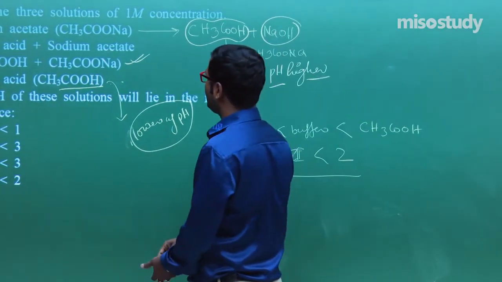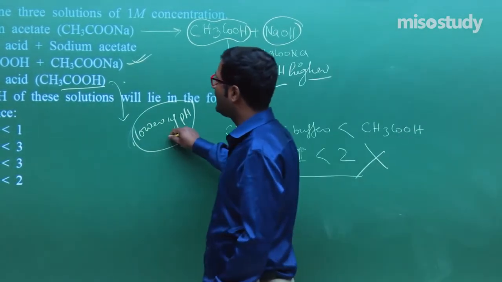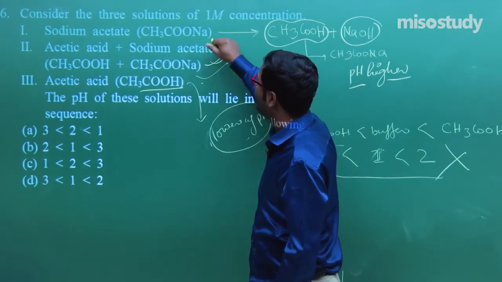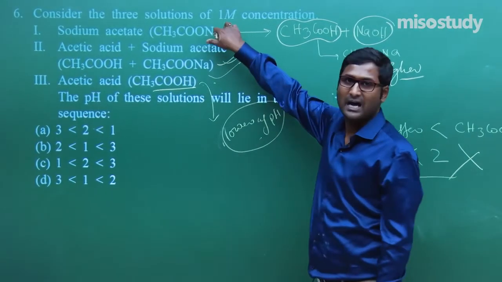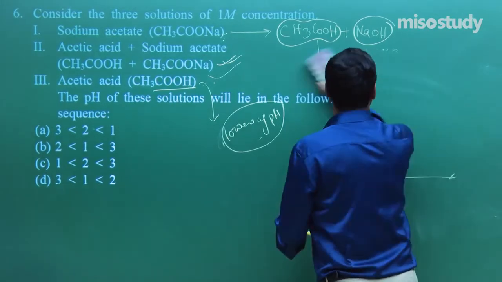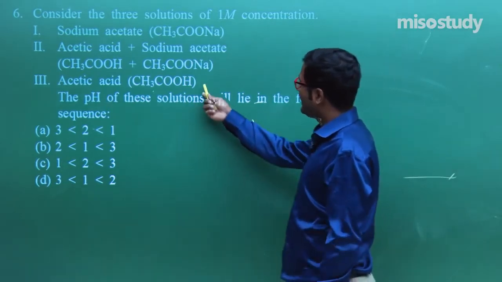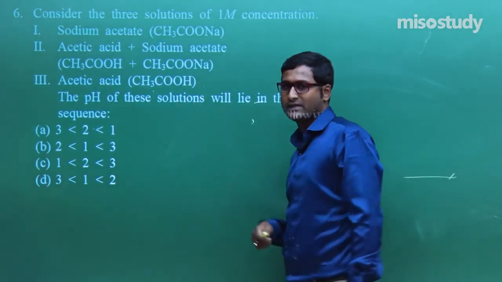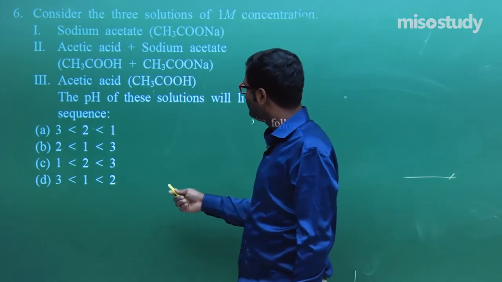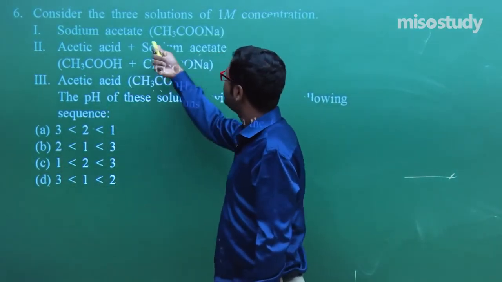Am I right or wrong? Sorry, you are wrong. The first one is the third one, then there comes the second one, and finally the pH. This one has a high value of pH. So first option is, tell me, sir, in this case this one has a low value of pH near about 7, and then 3, then there comes 2, then there comes 1.